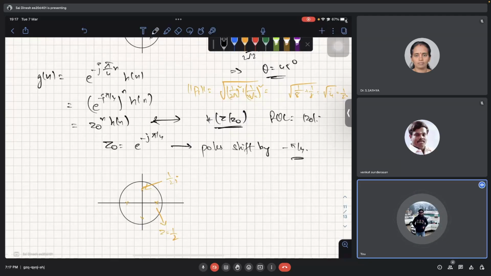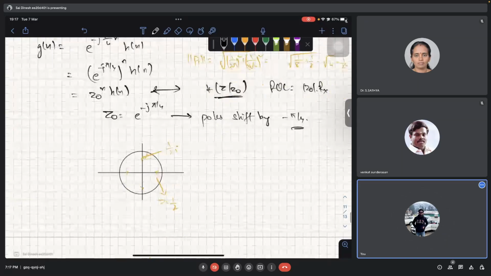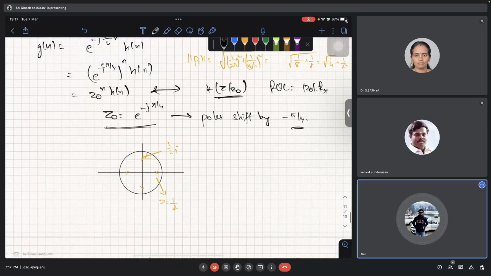So if you have a term of the form R e power j theta and you multiply with this term power n, the poles are shifted by magnitude r and by angle theta.